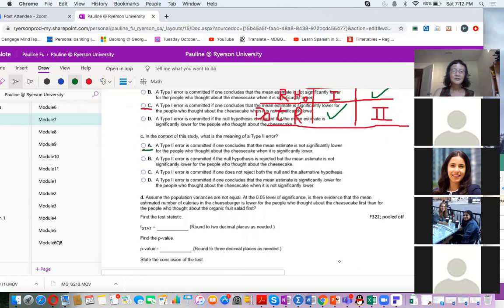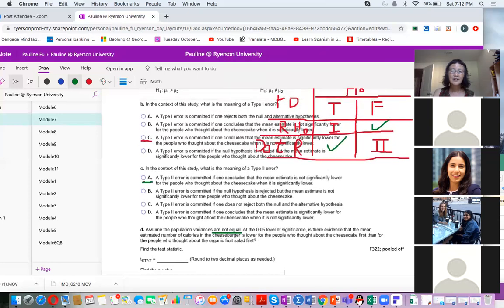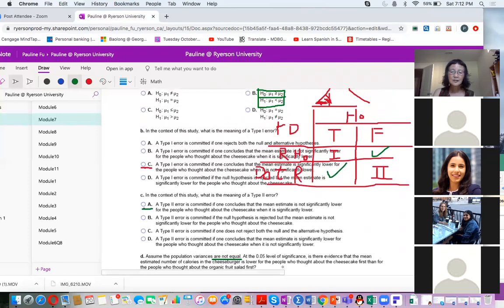And we haven't done this part D. Assume the population variances are not equal. At 0.05 level of significance, is there evidence that the mean estimated number of calories in the cheeseburger is lower for people who thought about the cheesecake first than for people who thought about the organic fruit salad first?